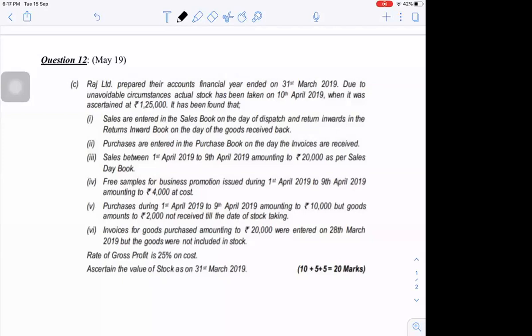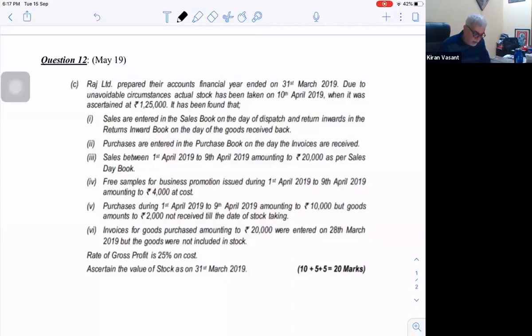Purchases during this period amounting to rupees 10,000, but goods amounting to 2,000 rupees not received till the date of stock taken. Invoices for goods purchased amounting to rupees 20,000 were entered on 28th March 2019, but the goods were not included in the stock. Rate of gross profit is 25% on stock. Ascertain the value of stock as on 31st March 2019.